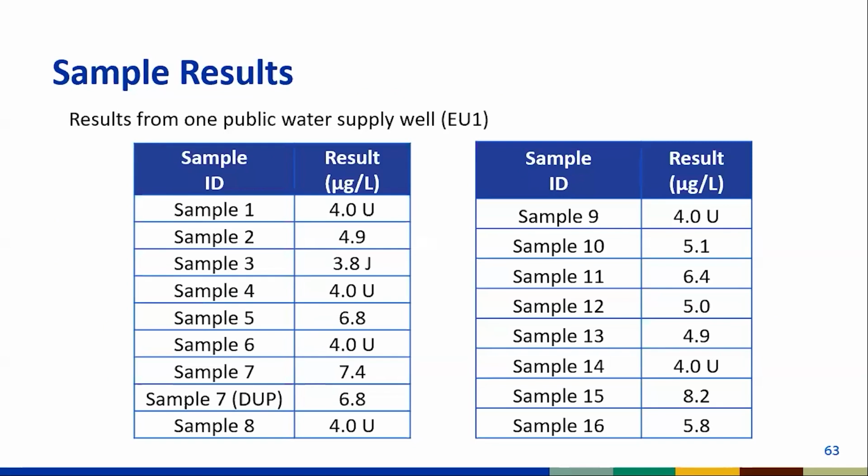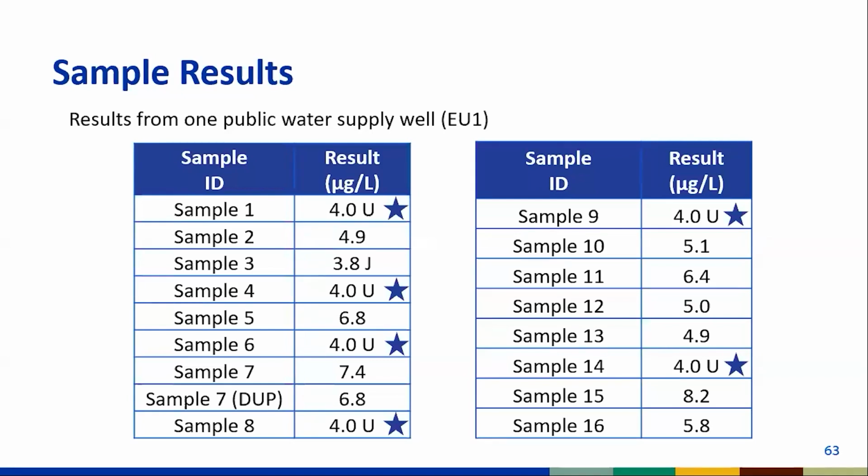Before we continue, I'll point out some key characteristics of the dataset that are relevant to these calculations. First, the dataset contains results from 16 samples. Second, the dataset includes several non-detect observations identified by the U flags or qualifiers next to the reported values.